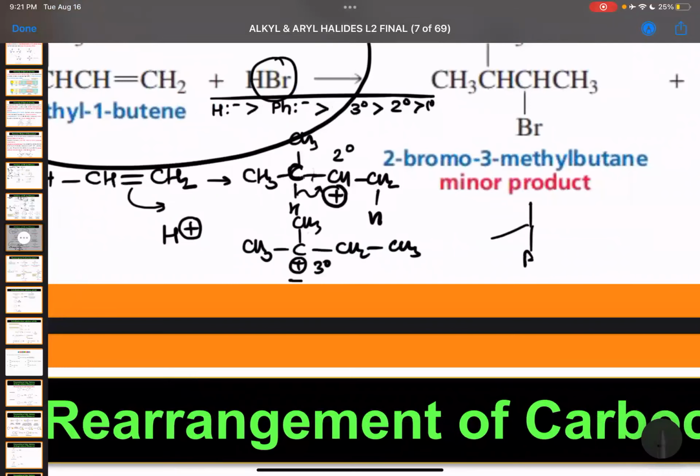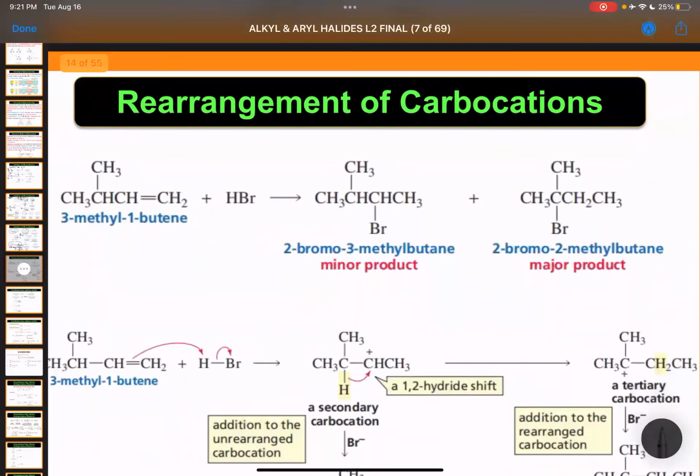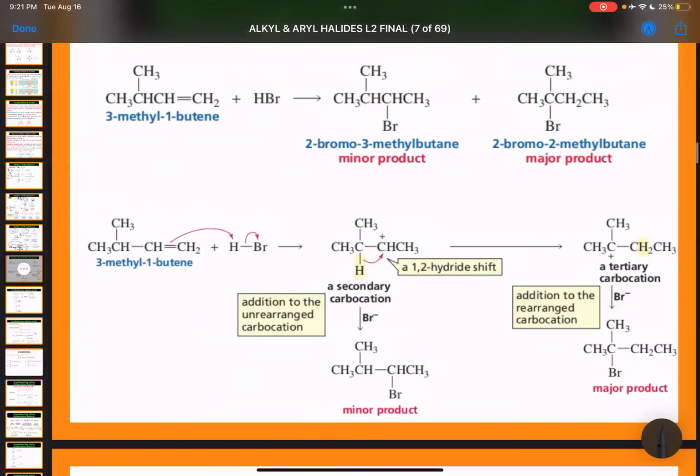Yes, sir. So you should be careful about the rearrangement of carbocation. It is very, very important. Look here how it has happened. The major product is Markovnikov addition. That's true. But first you attach H plus so that a more stable carbocation is formed, and that is attained by attaching H plus to the carbon atom bearing more number of hydrogens.